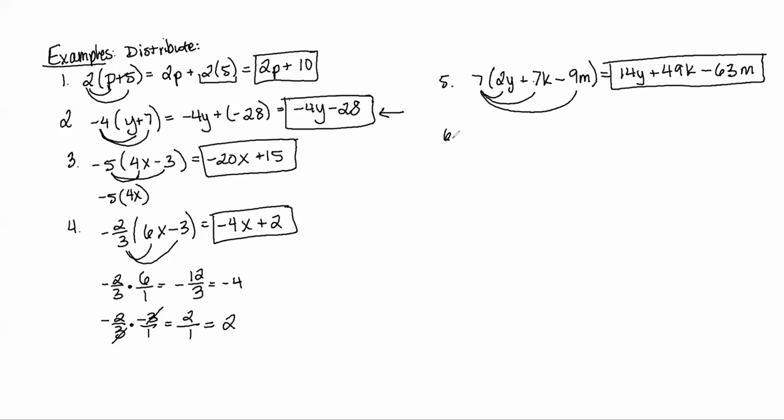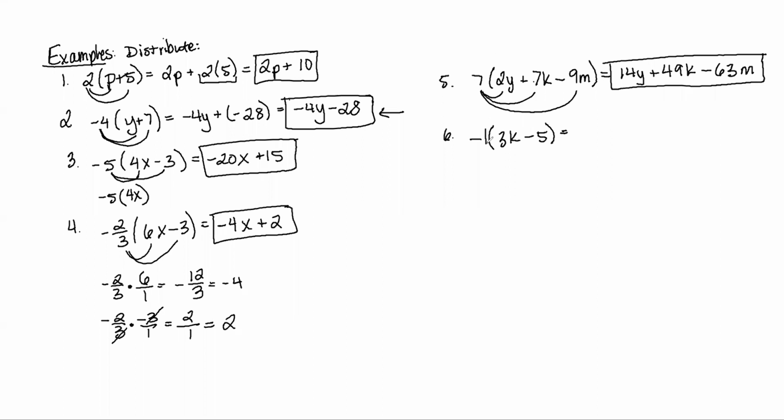All right, number 6. This one looks a little weird because there's not an actual number that we can see in front of the parentheses. We have negative (3k minus 5). And so this is one where you'll usually see some other terms in front of this minus sign or this negative sign here. But you just want to go ahead and think of this negative as a negative 1.